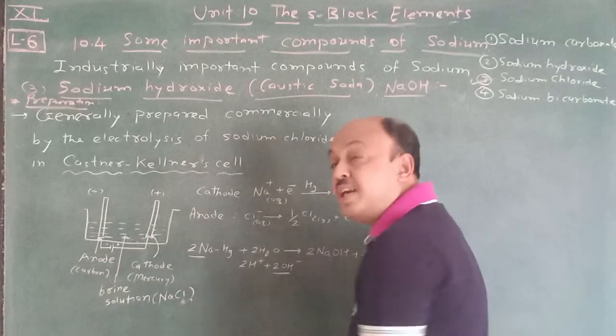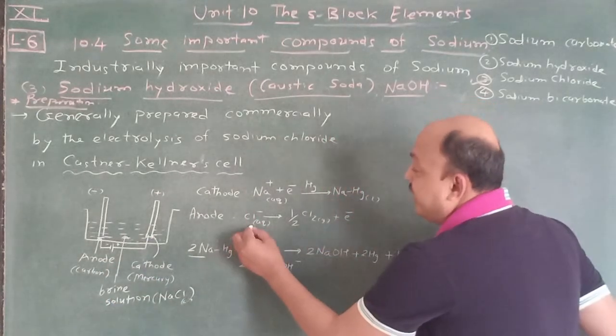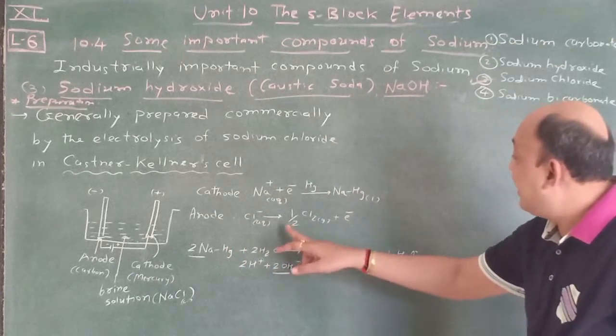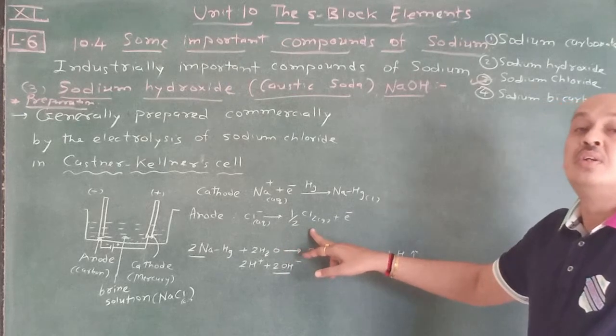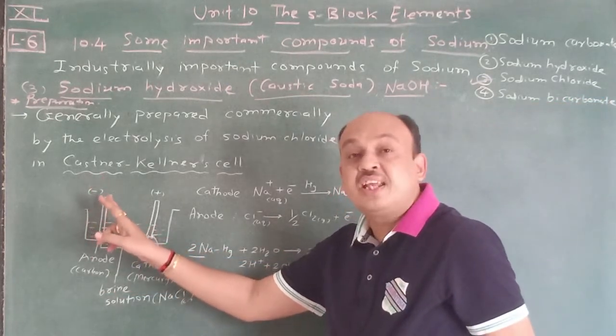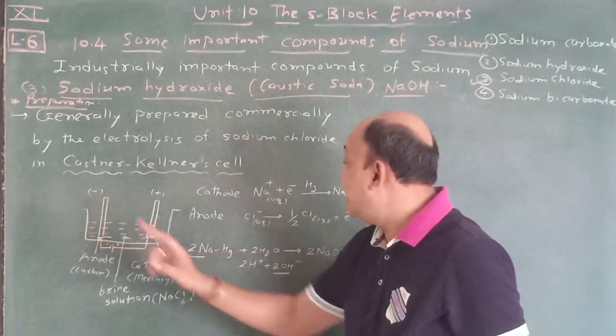Due to the electrolysis, at the anode Cl minus is oxidized to dichlorine gas. So dichlorine gas is released at the anode, not dioxygen.